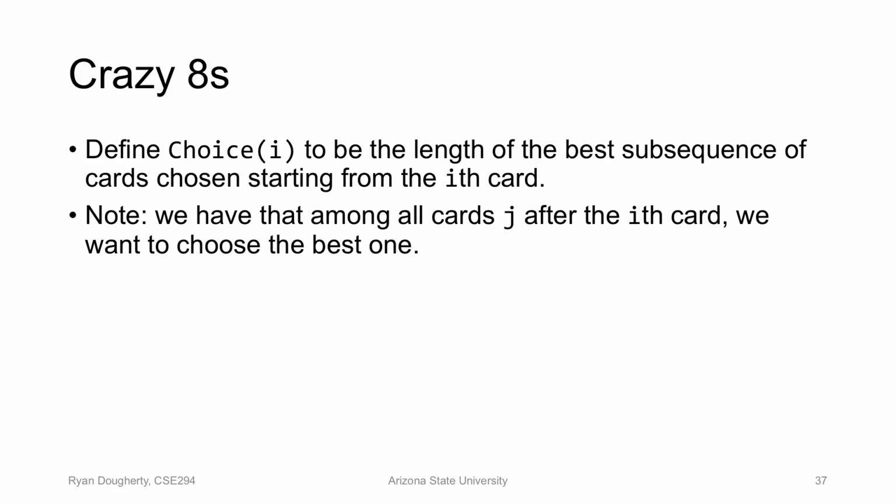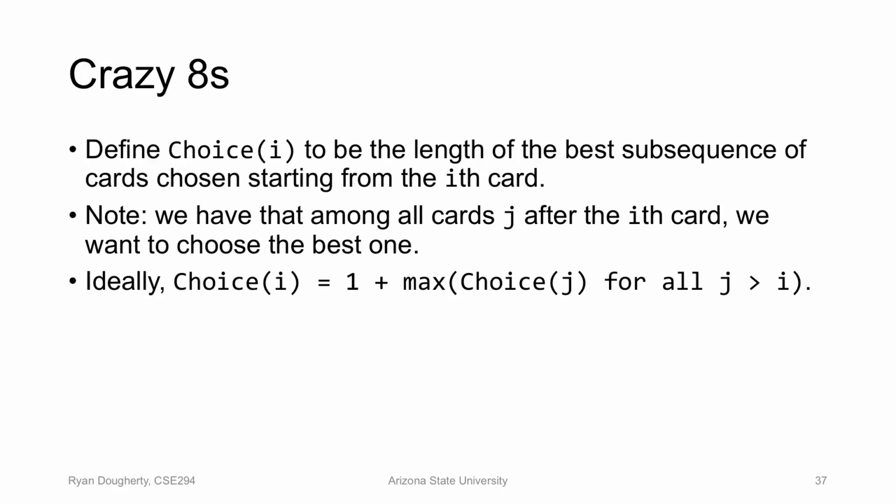Okay? And so I want to look at every single card after the ith card, and then be able to choose the best subsequence from there, the length of the longest subsequence from I onward.